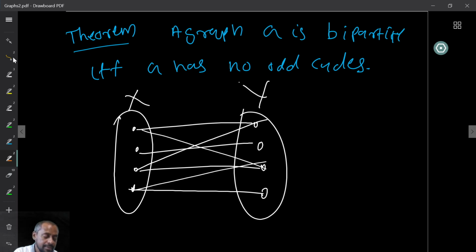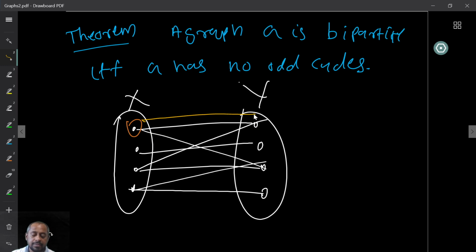Why is that? Suppose you want to look at cycles. If there is a cycle, you start from some vertex, then go through a walk without repeating vertices or edges, and then come back to that vertex. Let us look at any walk from this vertex. Any walk from this vertex is going to alternate between the sets X and Y, because there is no edge within X. I have to go to Y first.